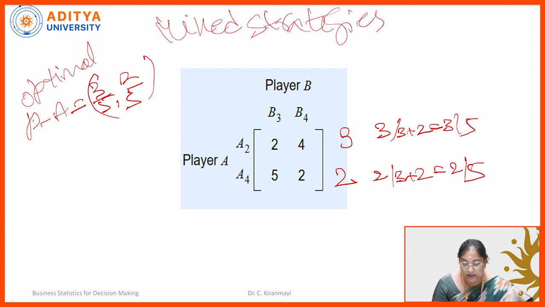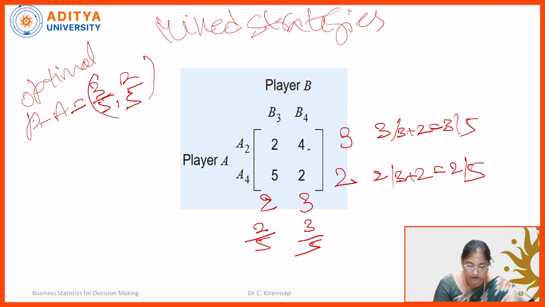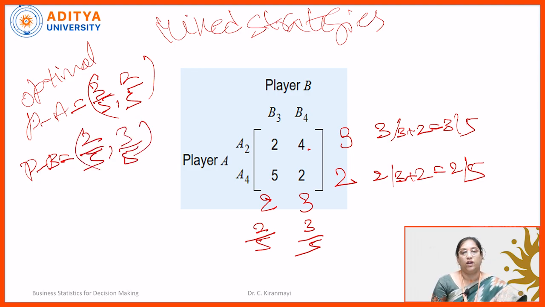Okay. Next, likewise for player B, 4 minus 2 is 2, 5 minus 2 is 3, it is 2 by 5, it is 3 by 5. For player B, the optimal strategies are 2 by 5 and 3 by 5. And the next thing, we have to find value of the game.